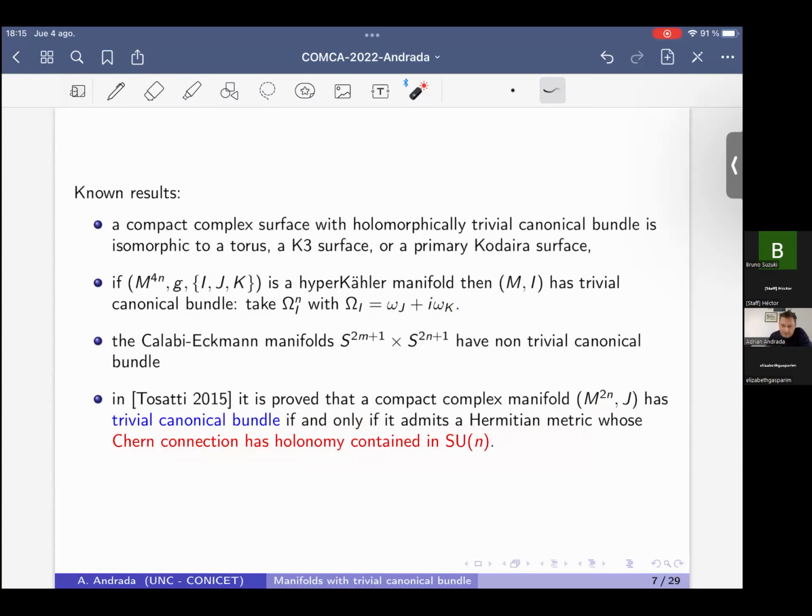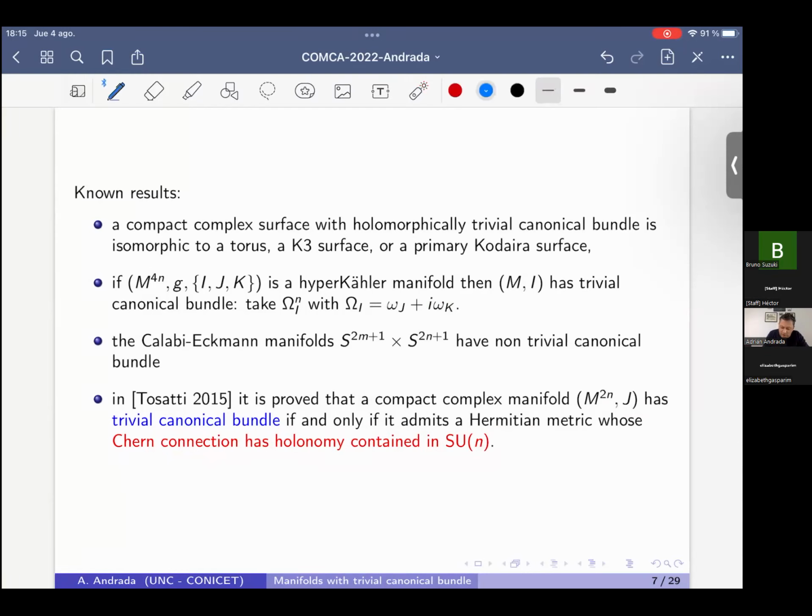So this relates the triviality to the existence of a special metric. This special metric is quite hard to find, because it's the solution of certain differential equations, but you know that it exists. Maybe it's not easy to find.